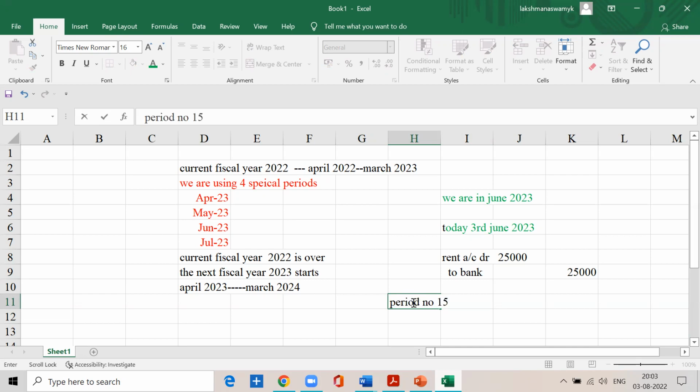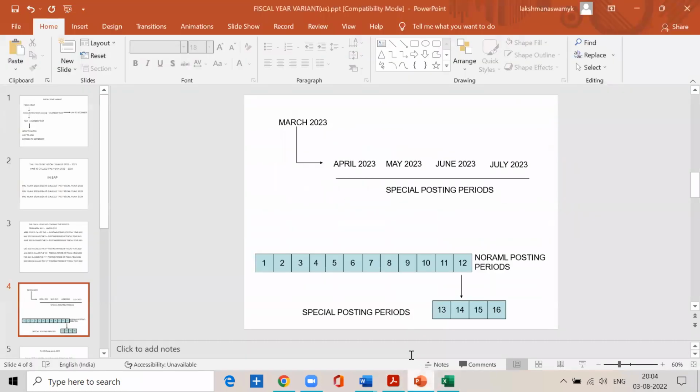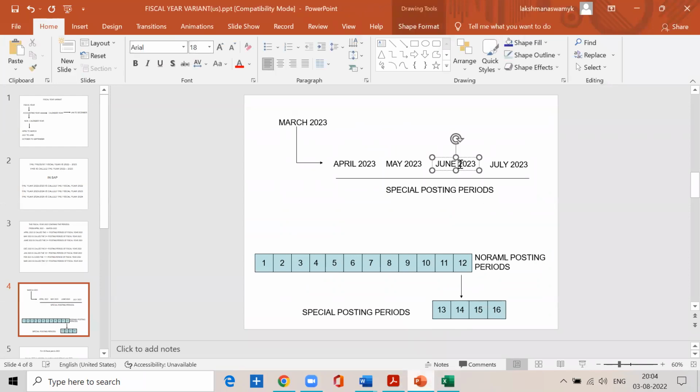At the time of posting every business transaction, the user has to enter the period number. If the user enters the period number 15, the system understands that this business transaction belongs to previous fiscal year as an adjustment. Why? Because 15th means June 2023.